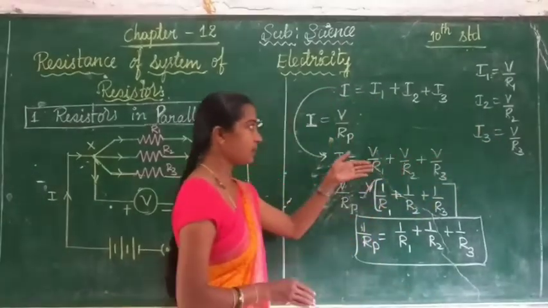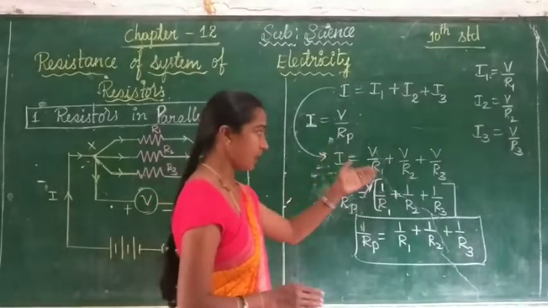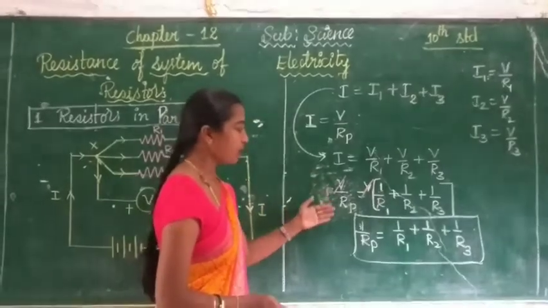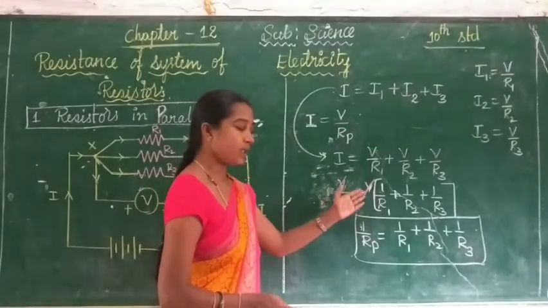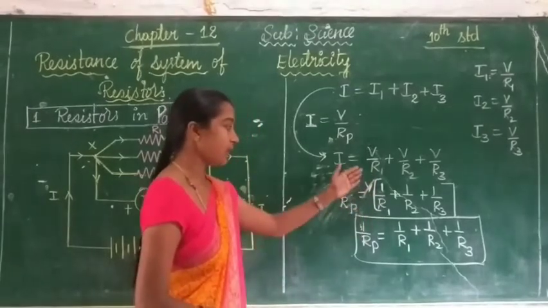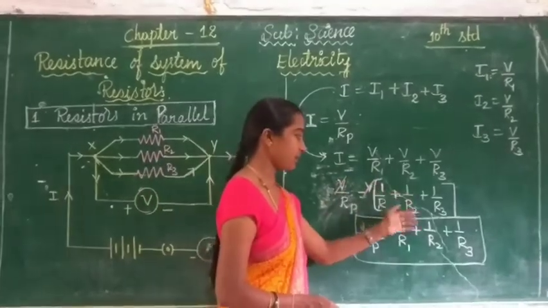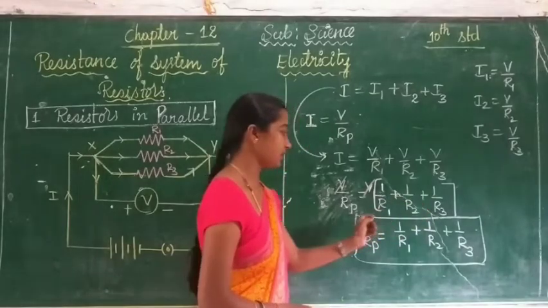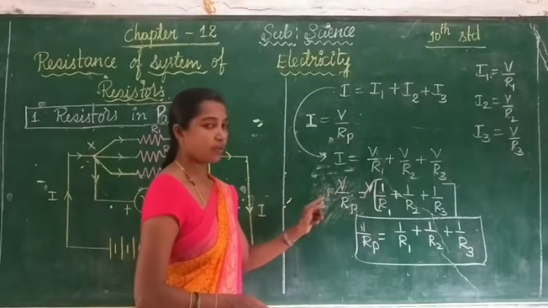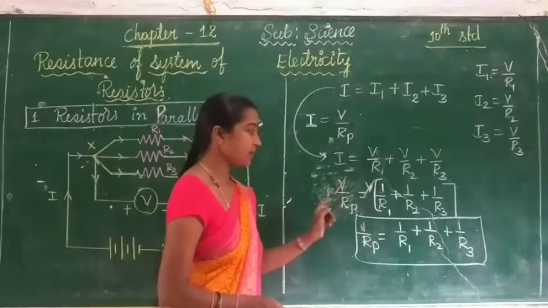Now substitute for I1, I2 and I3. We get V by RP is equal to V common from all three, and the remaining is 1 by R1 plus 1 by R2 plus 1 by R3. Look at children, both sides have V common, so V gets cancelled.